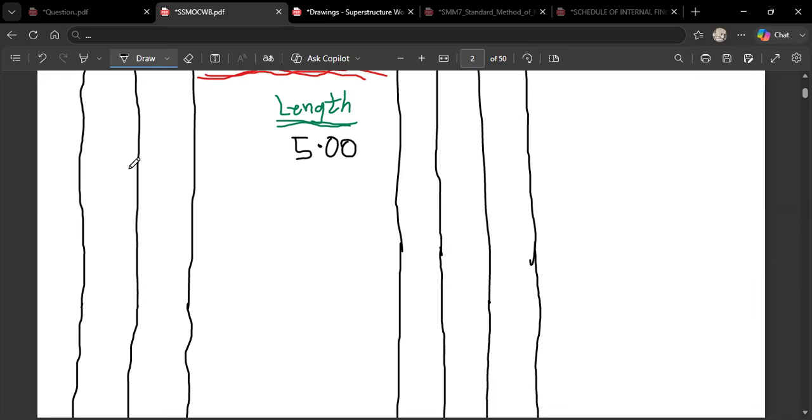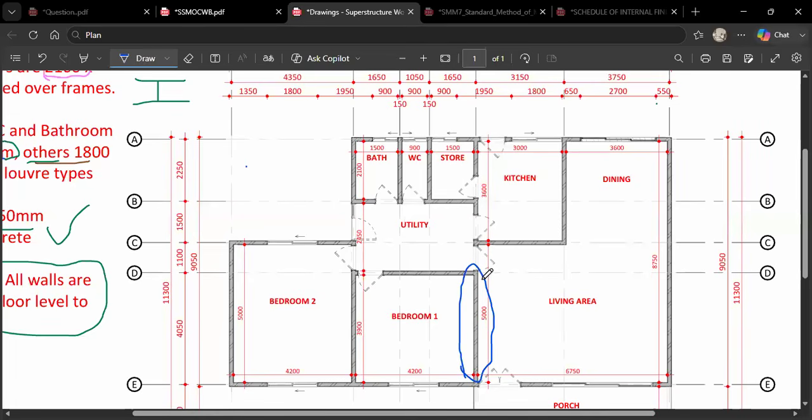And then what next? Let's take the other one, and you see this is just for here. Then this long one over here, end to end, it's 8,750. Good.